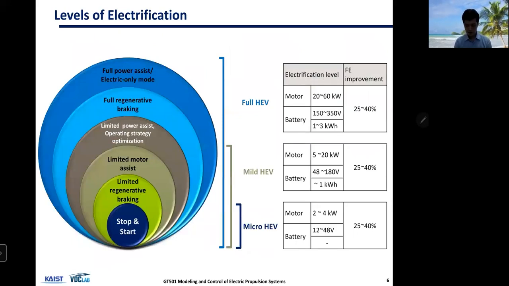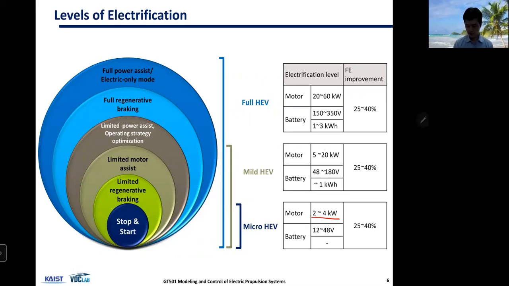You can also look at levels of electrification from size of motor and battery. When we talk about micro hybrid, you're looking at 2 to 4 kilowatts, but nowadays it's actually more like 4 to even 8.